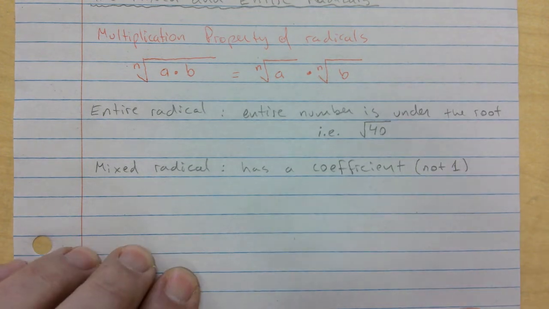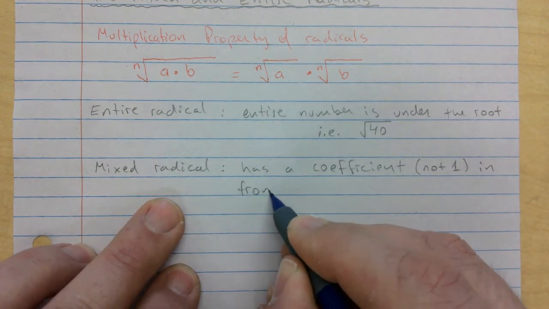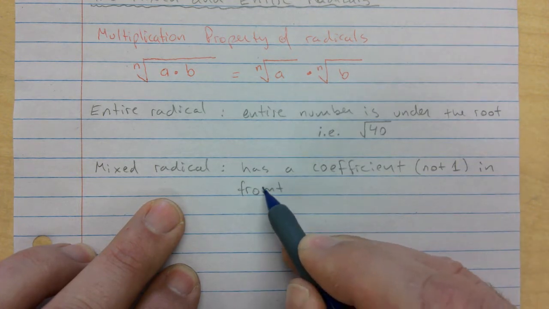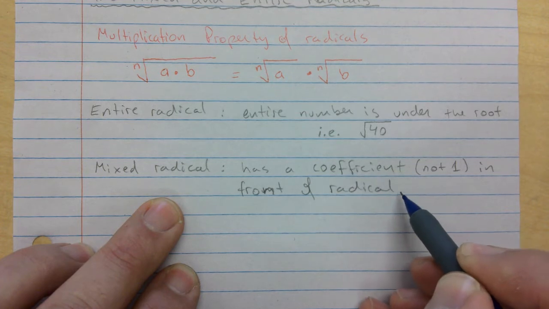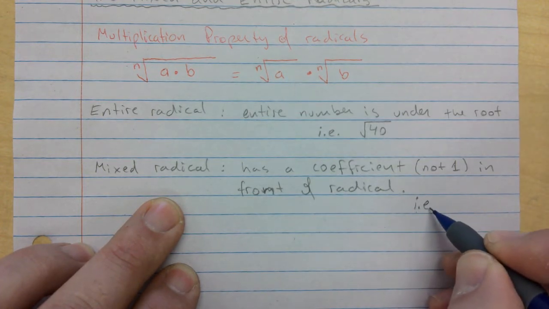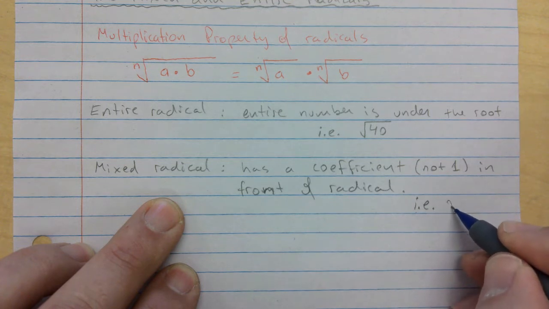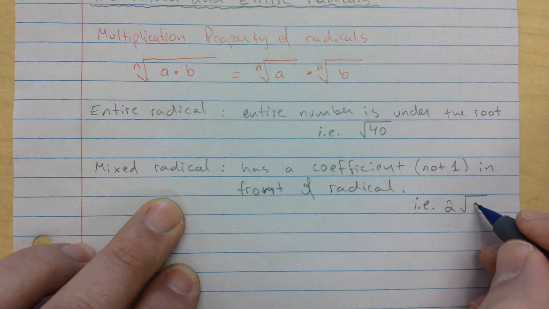It has a coefficient not 1 in front of the radical. In other words, it would look something like this: 2 square root of 5.